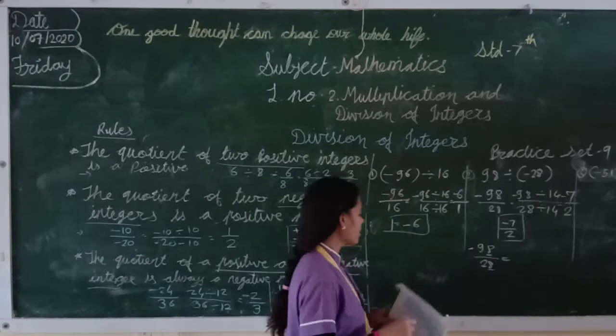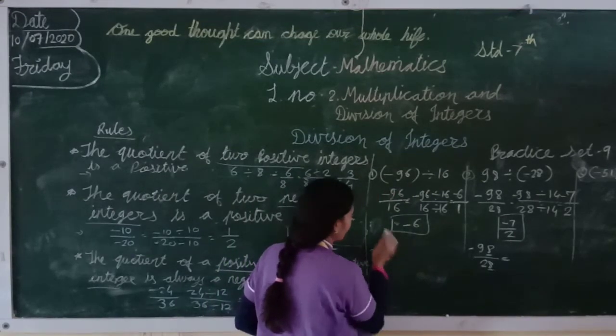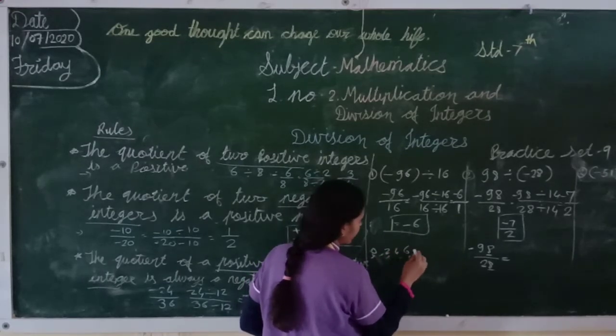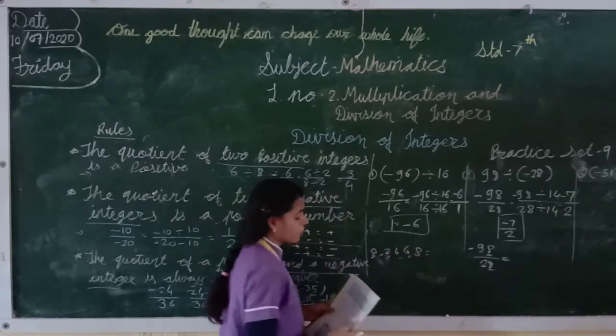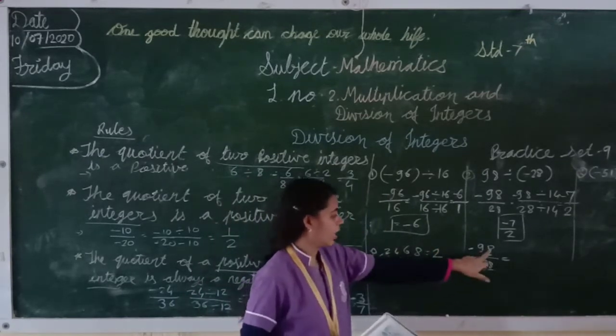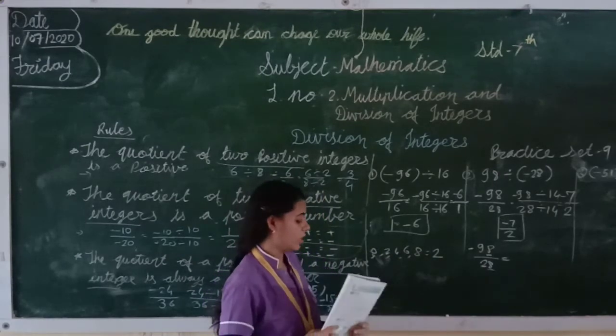When the last number, the unit place, has 0, 2, 4, 6, 8, that time we will divide it by 2. Here there is an 8, so here you can divide it by 2. I hope students you understood.